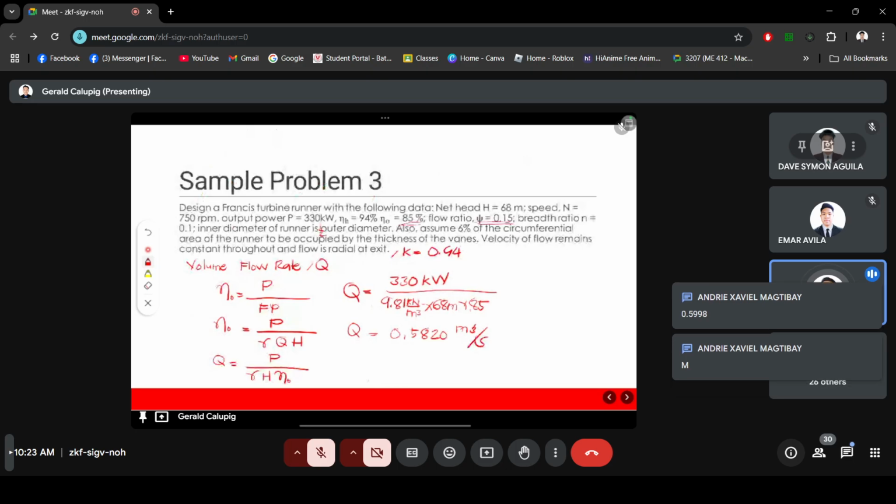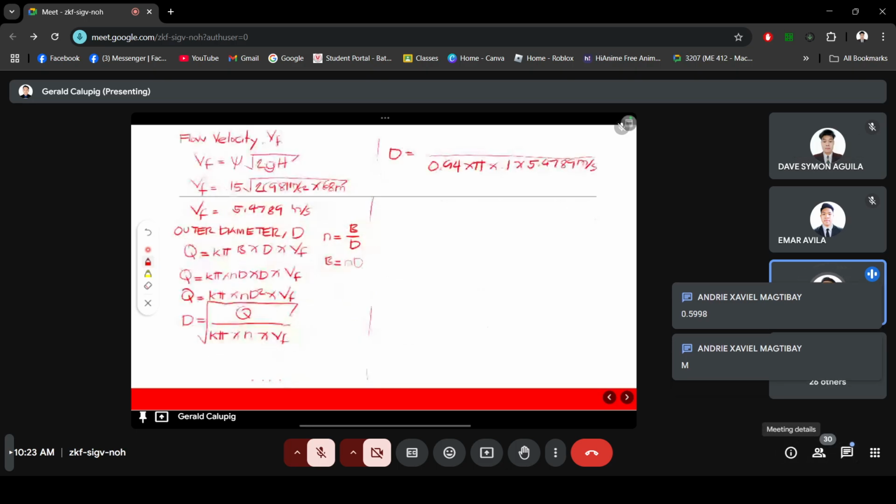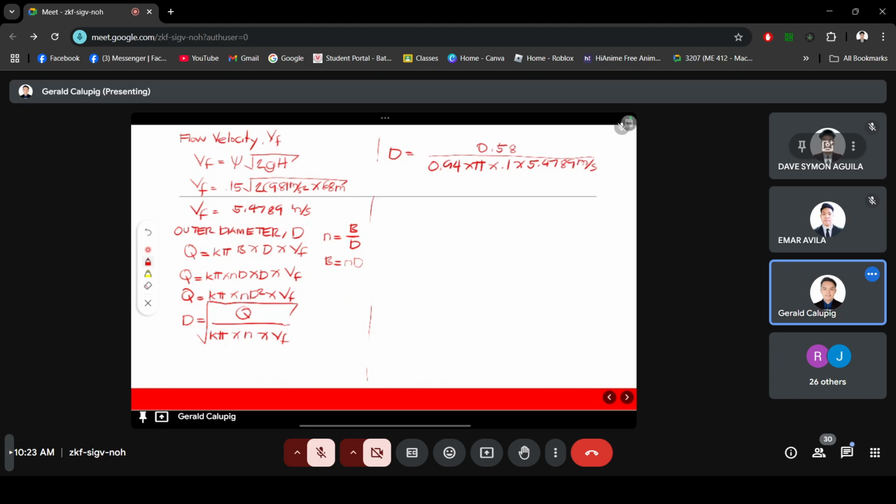The value of our Q is 0.5820 cubic meter per second.